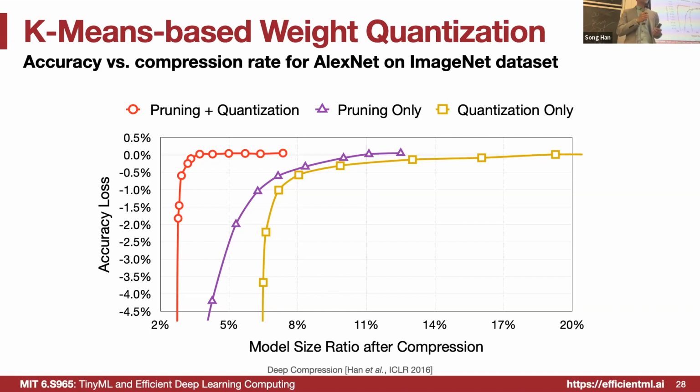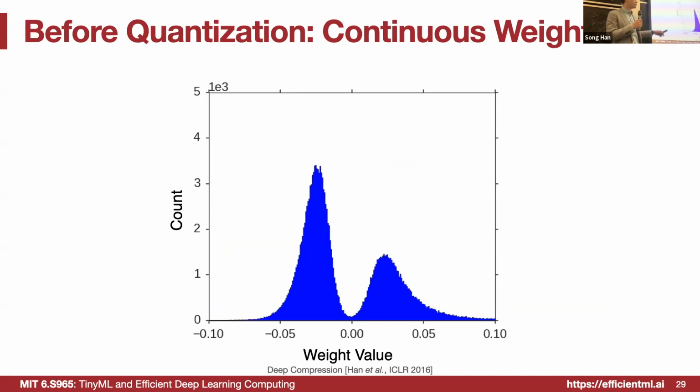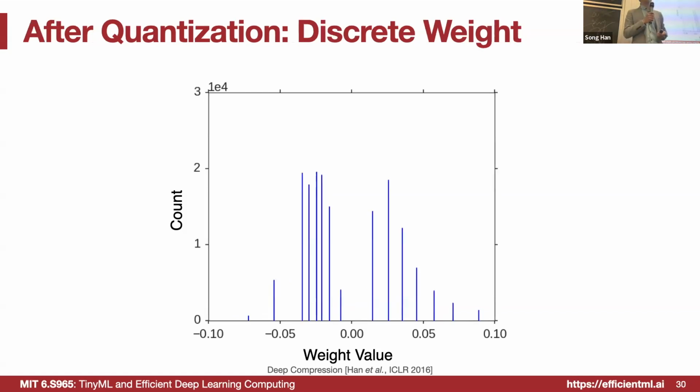These are orthogonal techniques. Let's see what happens to the weight distribution before and after quantization. This is the weight distribution after pruning, which we showed in the previous lecture, where everything near 0 is removed. After fine-tuning, the weight distribution becomes smoother. After quantization, the values become discrete, but the distribution still roughly forms those two peaks, with very little weight in the middle.